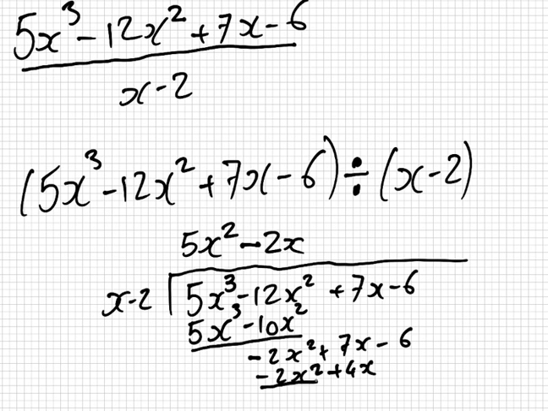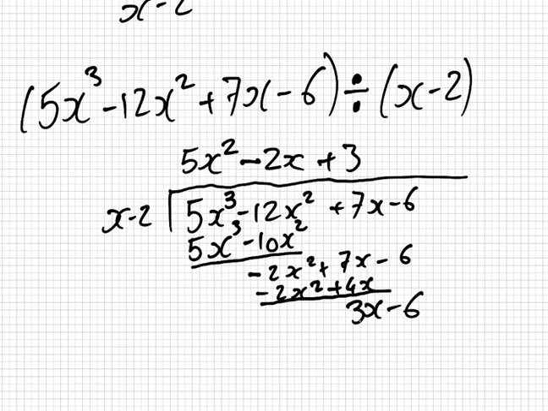So what's left here? 3x minus 6. So what do I need here? 3. And what do I get when I multiply by 3? 3x and minus 6. So you're finished.